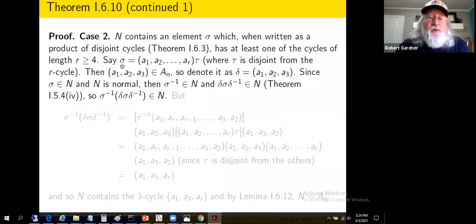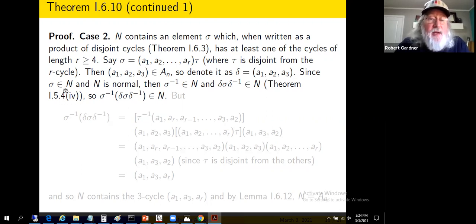Sigma, this permutation, we've hypothesized to be in N. Sigma is in N. N itself is hypothesized to be a normal subgroup. Sigma inverse is in N simply because sigma is, and since N is normal, if we take that given sigma and conjugate it on the left and right by delta, that'll give us something in N as well.